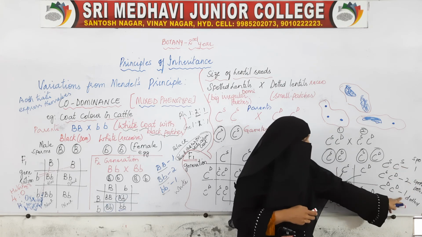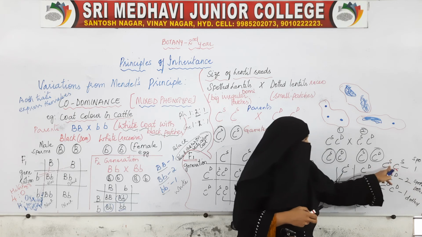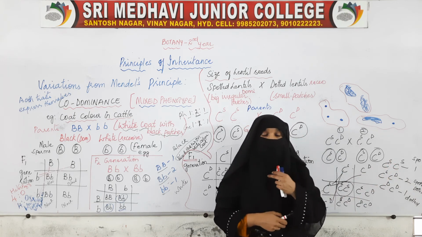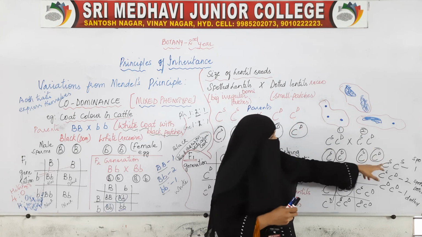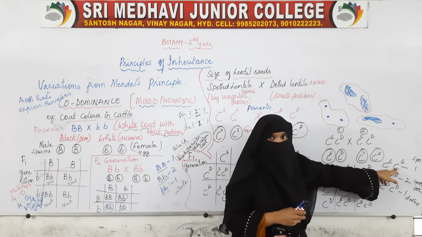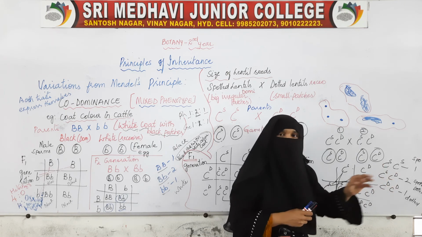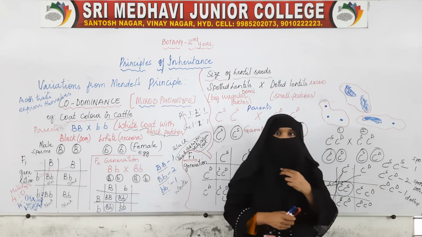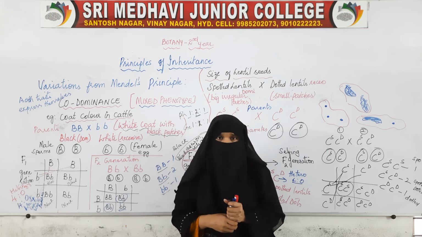So here also the ratio is the same. 1:2:1 is the phenotypic ratio, that is spotted, spotted and dotted, and dotted, and the genotypic ratio is also 1:2:1. Genotypic means 1 CS CS, 1 CD CD, and 2 CS CD. So the genotypic ratio and phenotypic ratio are the same.